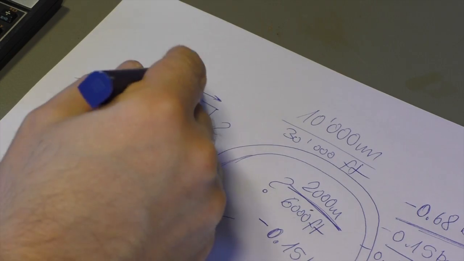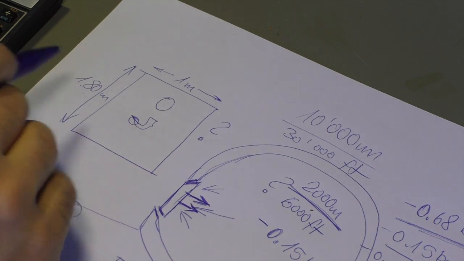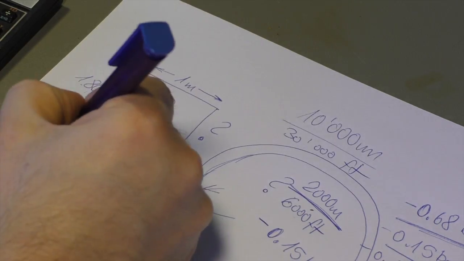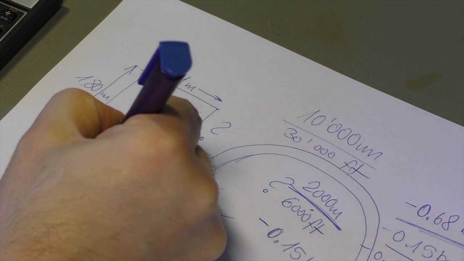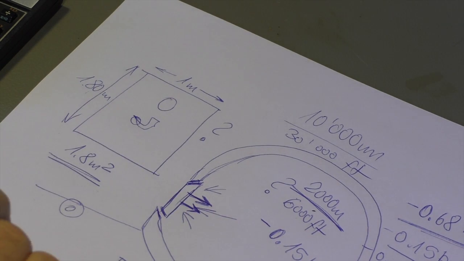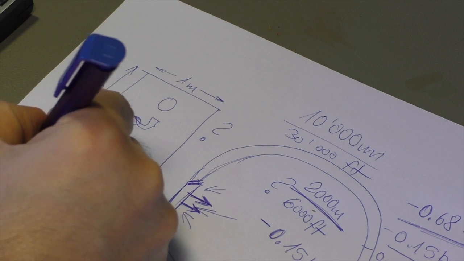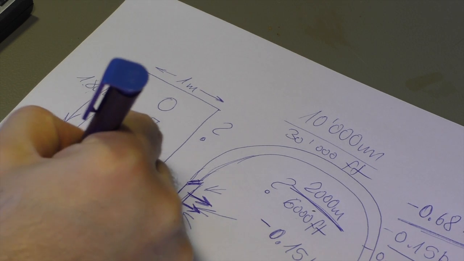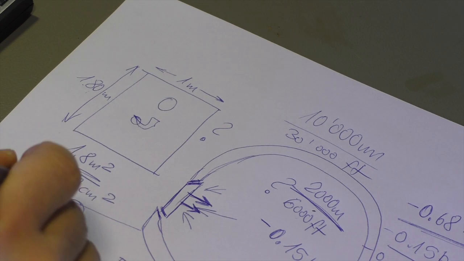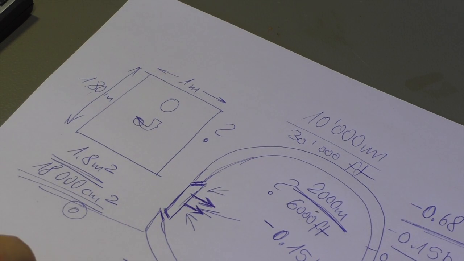Okay, 1 meter by 1 meter 80 makes, oh, I don't need a calculator, 1.8 square meters for this door. Now, 1 square meter is 100 by 100 centimeters, of course. So that means it's 10,000 square centimeters. So we have 18,000 square centimeters.